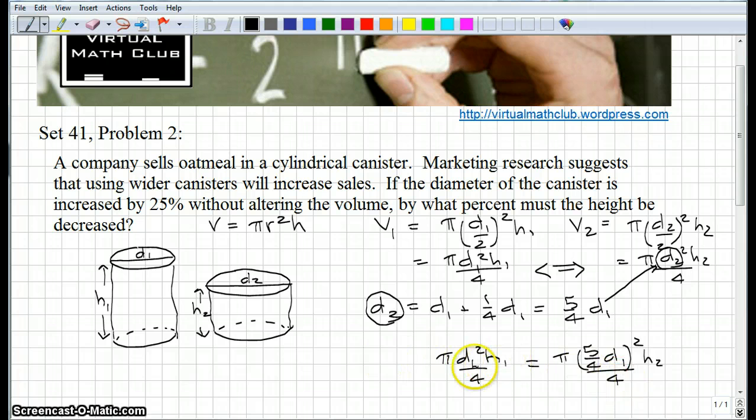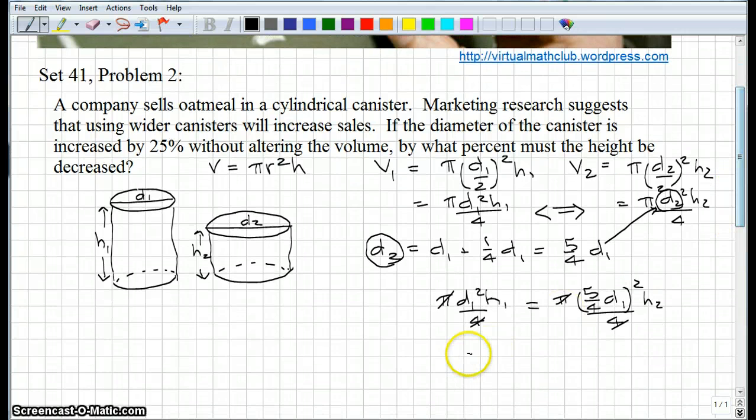Now these are equal, so I can divide both sides by pi and multiply both sides by 4, and get rid of those constants.